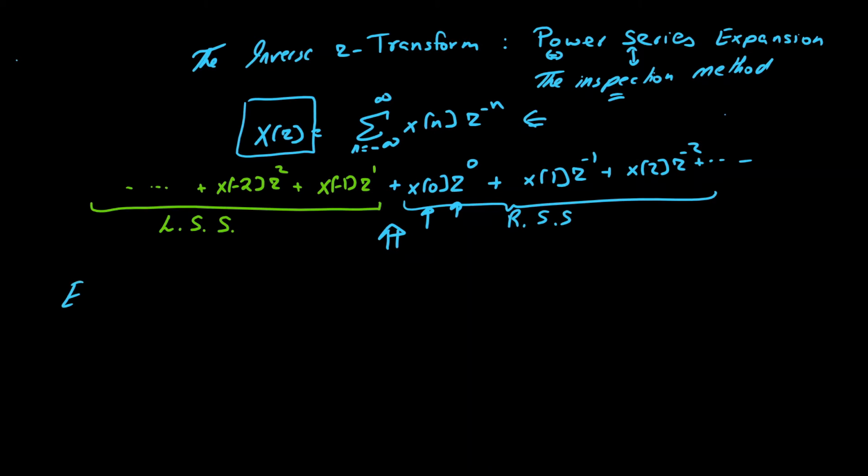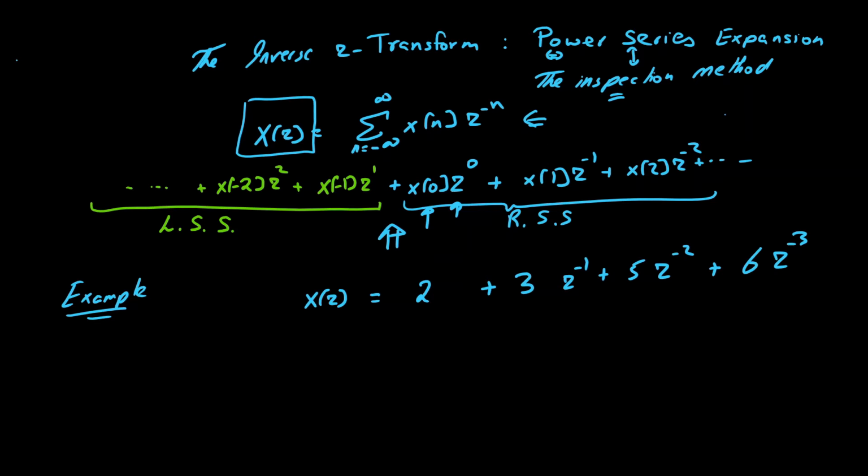For example, say we are given X(z), which is simply 2 plus 3z^-1 plus 5z^-2 plus 6z^-3, and we are asked to find the inverse Z transform, that is x(n). From inspection only, you can observe that this has a power of z raised to power 0, then z raised to power minus 1, minus 2, and minus 3.